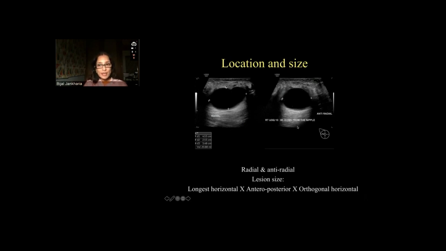So in this patient, we are going to say there is a cyst in the right upper outer quadrant at 10 o'clock position, about 2 centimeters from the nipple, and it measures about 4.5 by 2.5 by 3.5 centimeters in size.